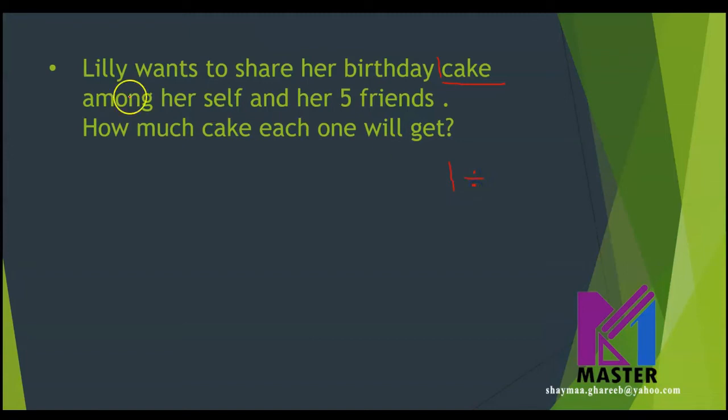No. Here, she said herself and 5 friends, which means the total number is 6. 5 friends and Lily. So all of them will be 6. So 1 divided by 6, each one will get 1/6 of the birthday cake. Is it clear?